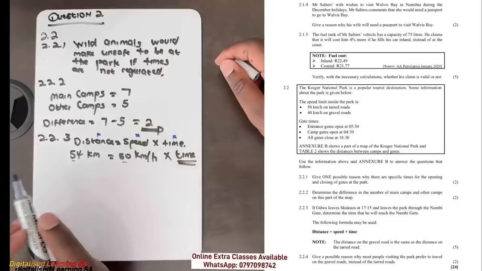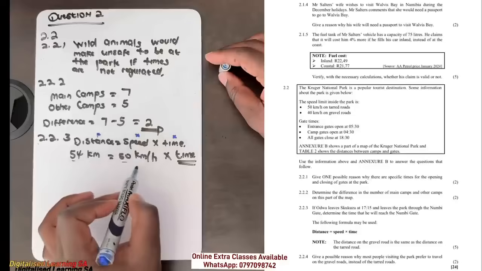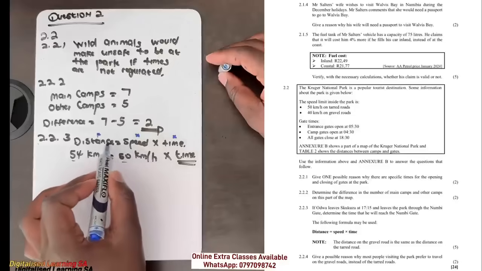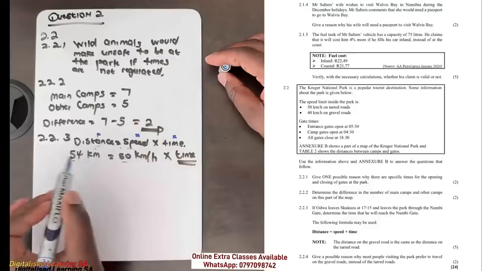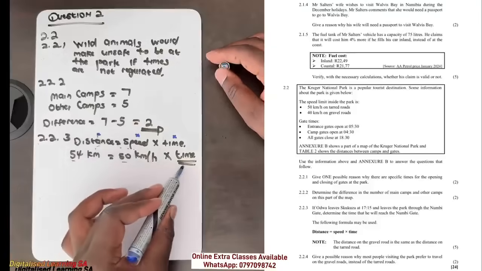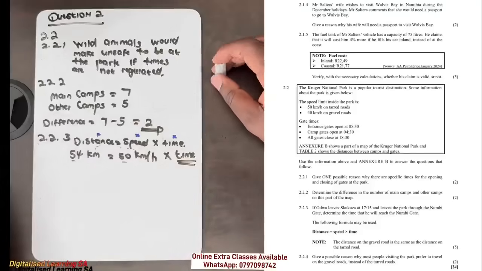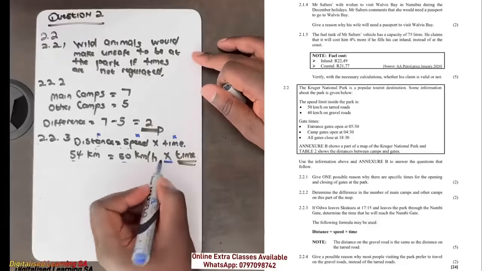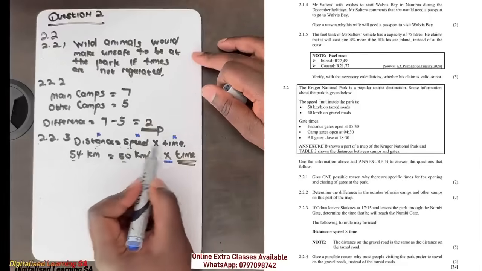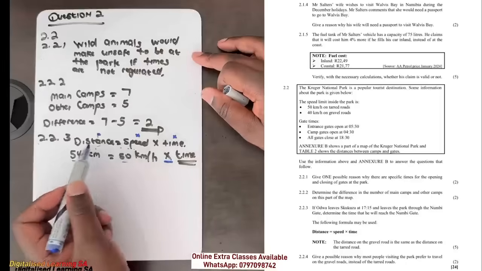So in most cases, you would find that we take this 50 to the other side. When you take it to the other side, time will be left alone, meaning that we can calculate our time. But in this case, we have a multiplication sign between speed and time, meaning that we can't just take 50 to the other side.